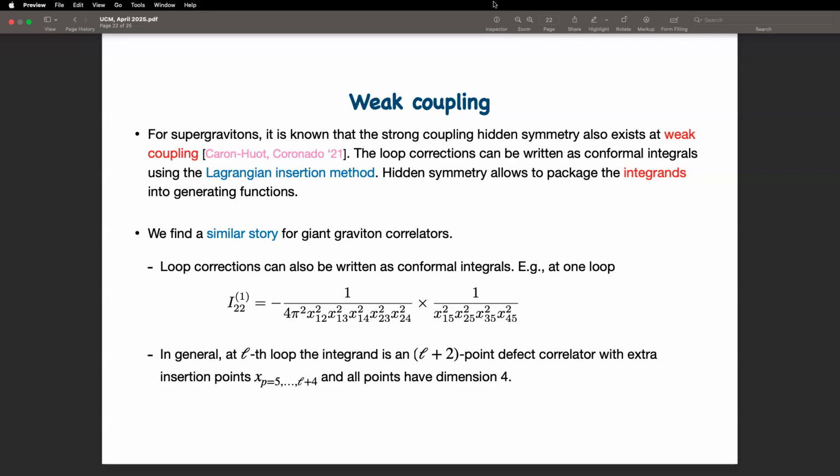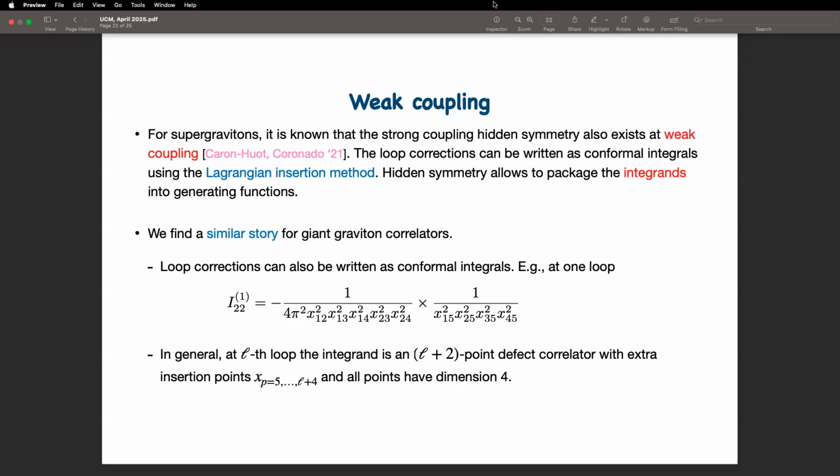Okay, so if you look at half-BPS operator four-point functions at weak coupling, there's a method to compute loop corrections using the so-called Lagrangian insertion method, and this method will naturally define an integrand at each loop level. So what Simon and Frank found is that if you do the same replacement, not for the whole correlator or the integral, but for the integrand, it also allows you to package all the integrands into generating functions.